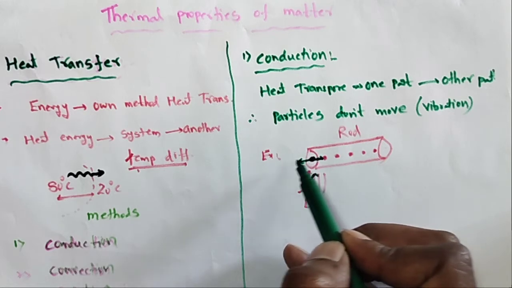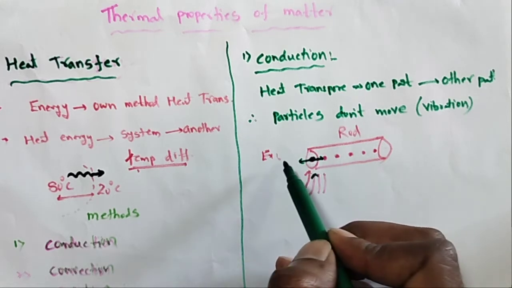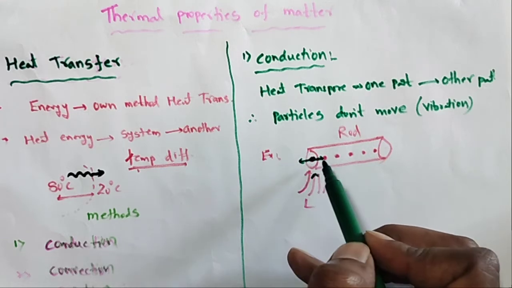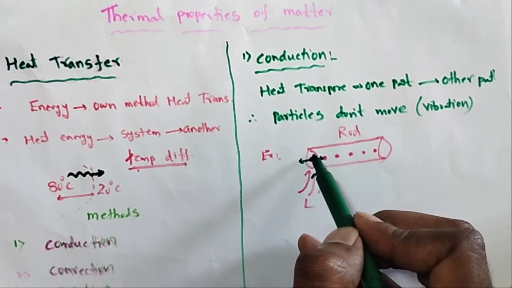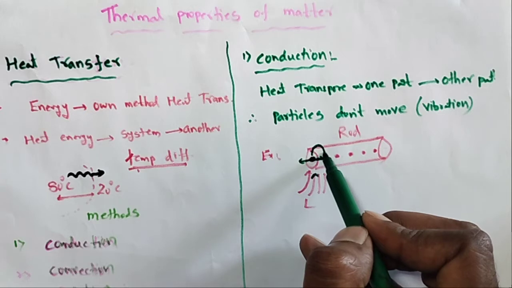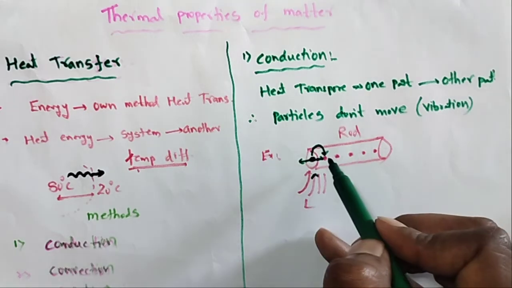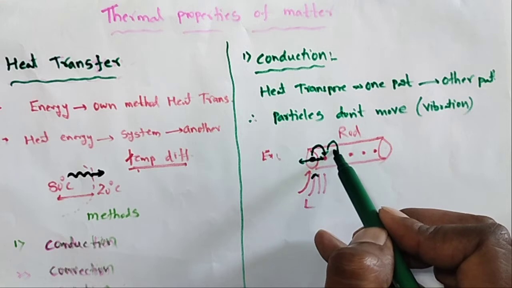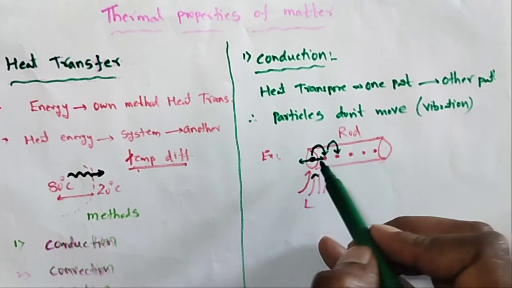They vibrate to and fro, forward and backward. Due to vibration, the heat is transported to the second particle, and this second particle, absorbing heat, vibrates and transports heat to the third particle. So what is your observation?